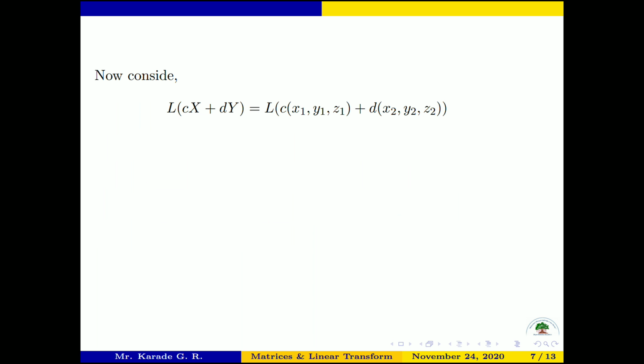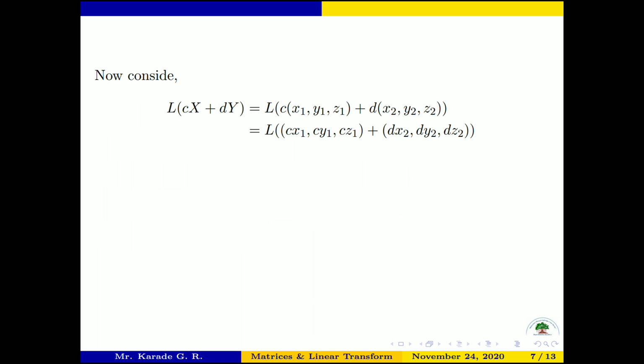So c here is equal to L of c into x, where vector x is (x1, y1, z1), plus d into y, where vector y is (x2, y2, z2). So we multiply these scalars to these vectors. In the next step, L of, now the first vector is (cx1, cy1, cz1) plus the second vector (dx2, dy2, dz2).